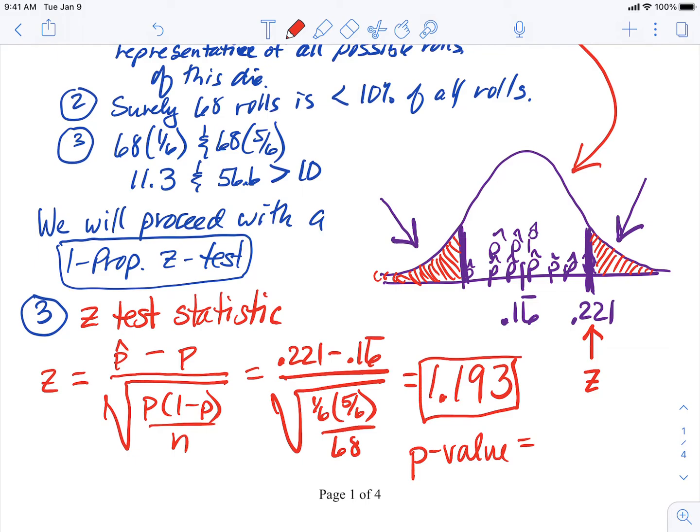And it did add them up, because when you said not equal to, it knows that there's two of them, and so it adds up both tails. And it gave us a p-value of basically, we could call that 23% and be good.